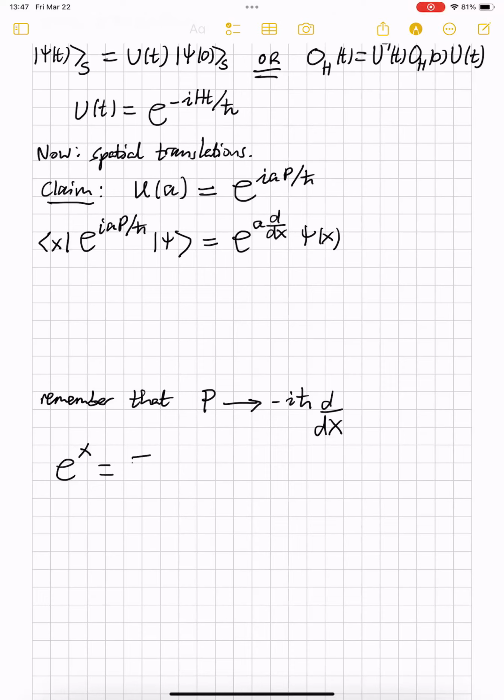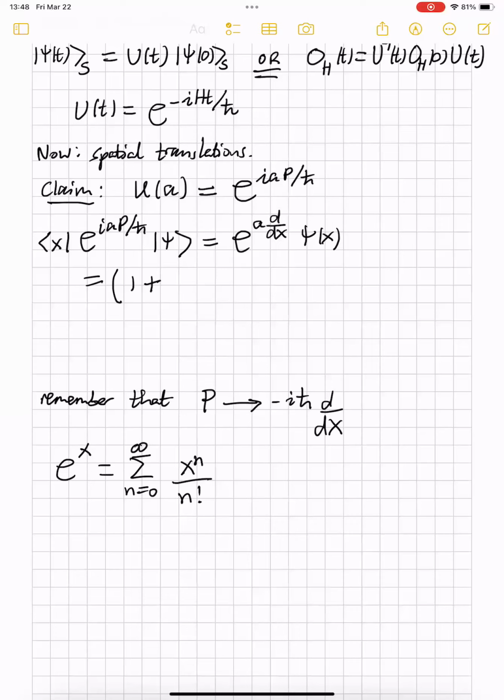The exponential e to the x is just the sum from n equals 0 to infinity of x to the n over n factorial. So if we've got the exponential of a d by dx, how should we understand that? Well, I'm going to use this power series formula for the exponential. The term with n equal to 0 is just a 1.